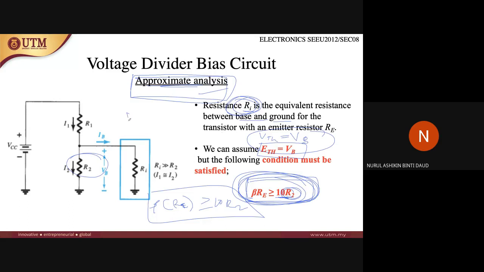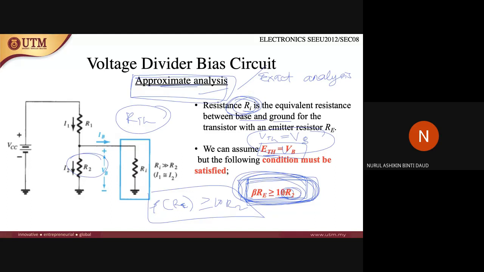You only need to calculate the value of RTH, because the value of ETH is equal to the value of VB in this approximate analysis. So I repeat it again. If you want to decide which analysis to use, either exact analysis or approximate analysis, first look at the value of beta times the resistor value at the emitter.